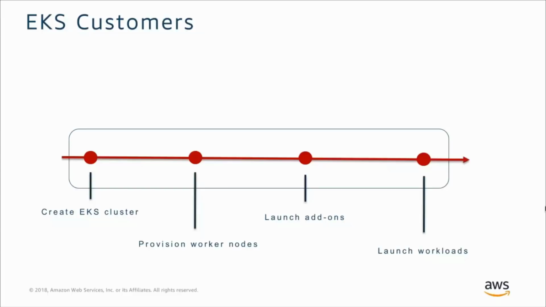Then you can launch your add-ons, and these could be plugins like Prometheus, or capabilities like service mesh, like Istio or Envoy. If you want to manage your Kubernetes environment using community-developed plugins, you can do that. And then you can build your workloads onto your EKS environment.